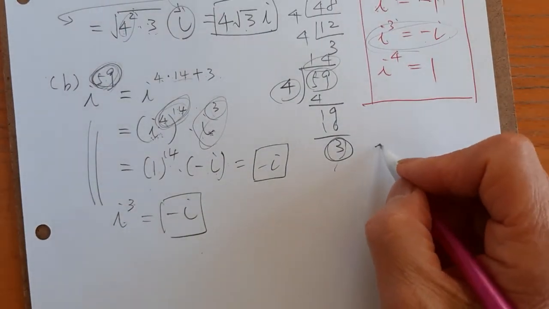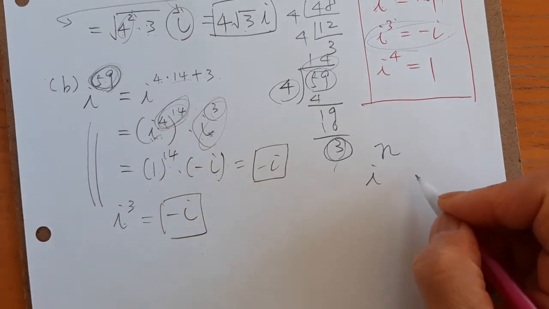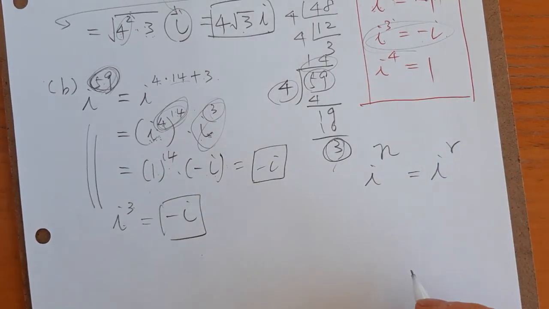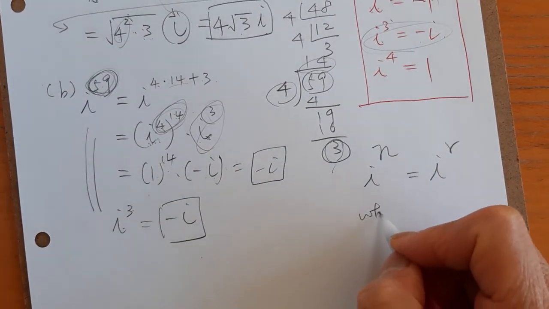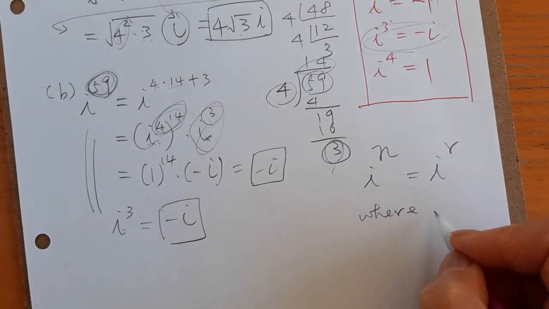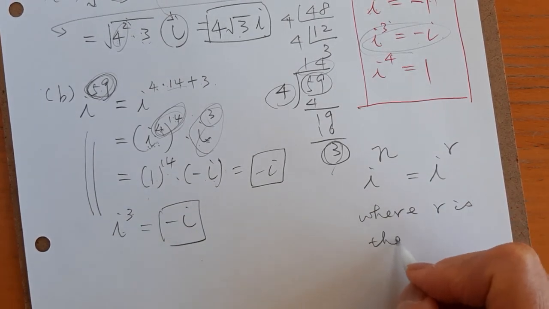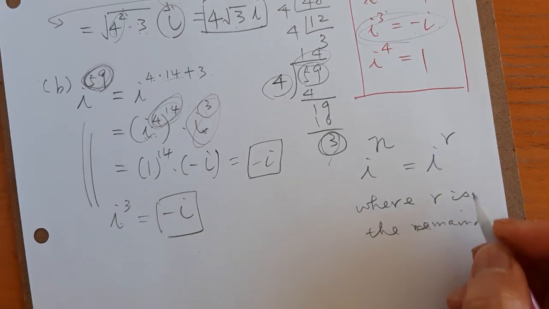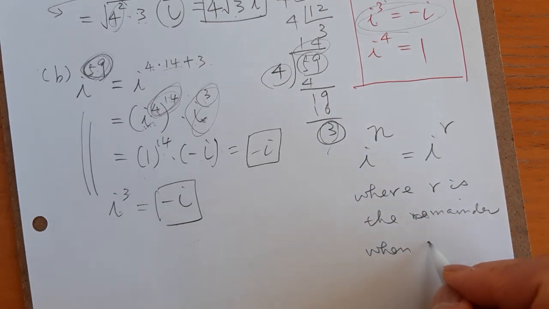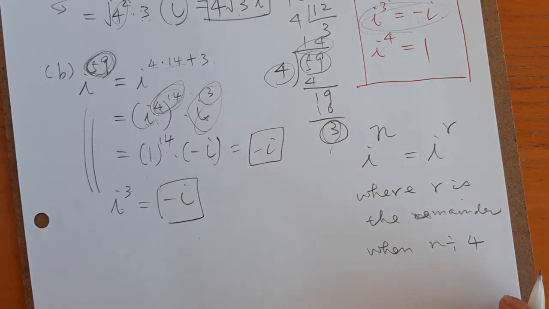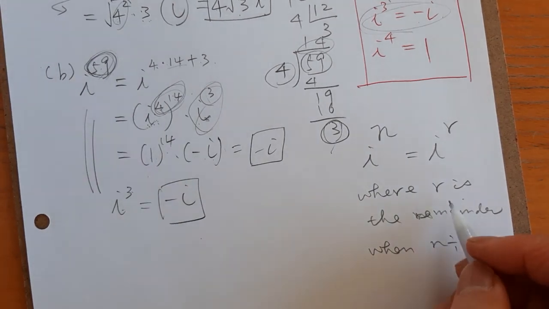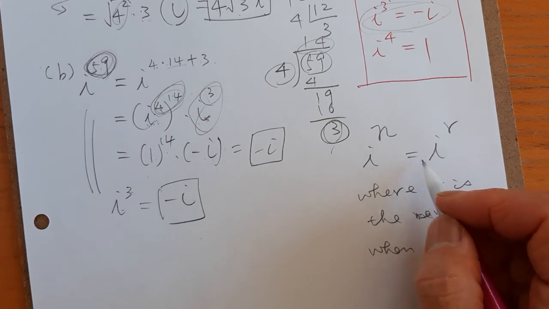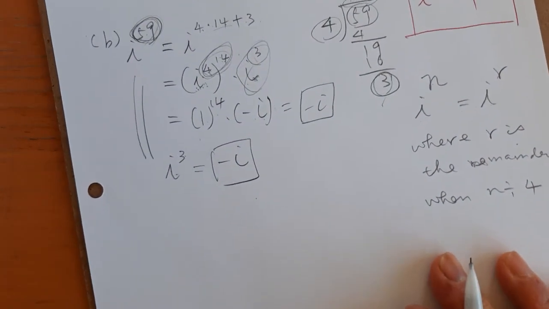So if given i to the power n, it will be i to the power r, where r is the remainder when n is divided by 4. n divided by 4, you got remainder r. So i to the power n equal i to the power r.